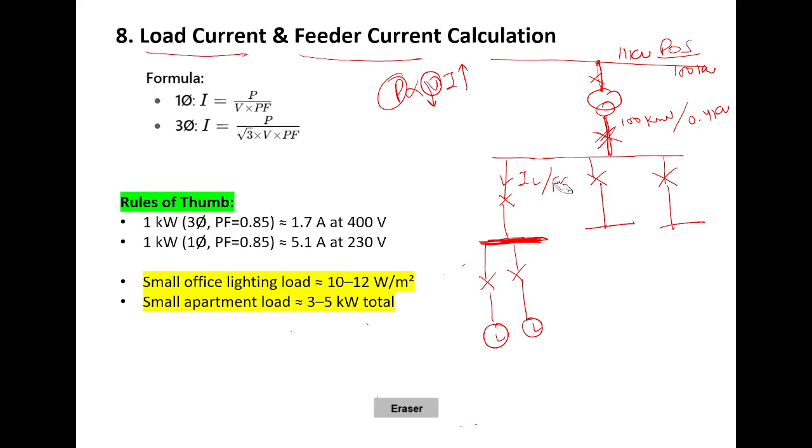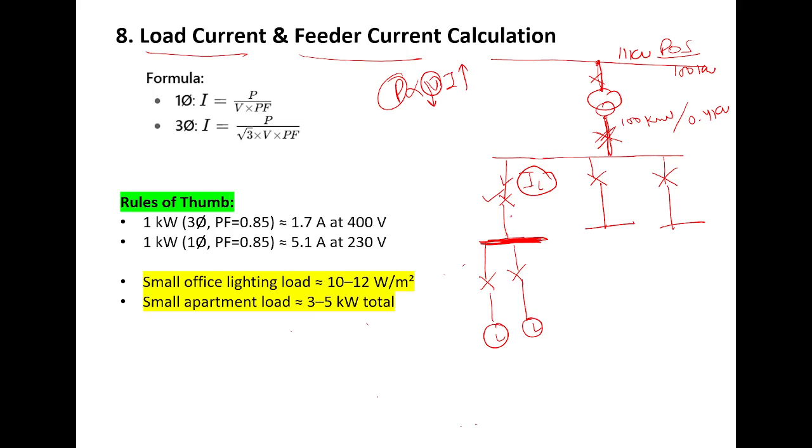So I will give you some rules of thumb or some shortcuts. This is actually not a rule of thumb, this is a shortcut. I will tell you how I calculated this value. So first, how to calculate the load current. It is very important because based on this load current, your circuit breaker size will be decided, your cable size will be decided.